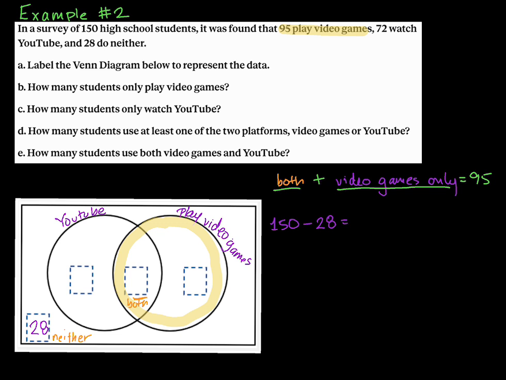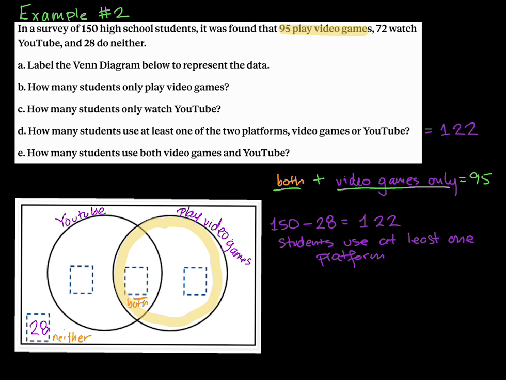So 150 minus 28 gives me 122. So this is students who use at least one platform, right? So that's actually our answer to part D. This one equals 122.